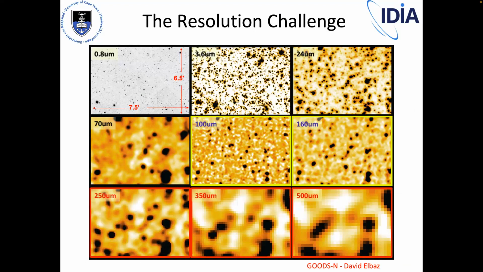If you observe with Hubble, a 1.5-meter telescope at 1 micron, you can see tiny details, in an image that is rather small, only a few arcminutes in size. But when you observe with Herschel, which is much bigger, due to the very large wavelength difference, you will start seeing all the sources blended with each other.